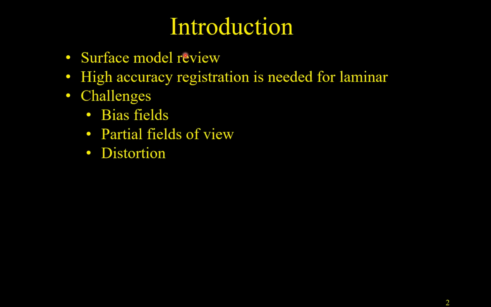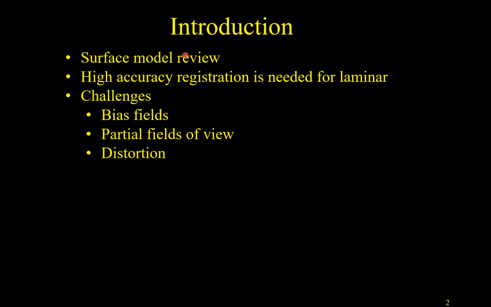So there are some challenges when you go to try to register your function and your structure. So there are issues with bias fields. As you saw in the previous presentation, MR has these bias fields where you have, generally brighter at the very edge of the brain and often quite dark at the center of the brain. And so these can create issues.